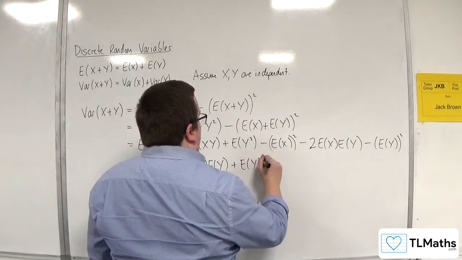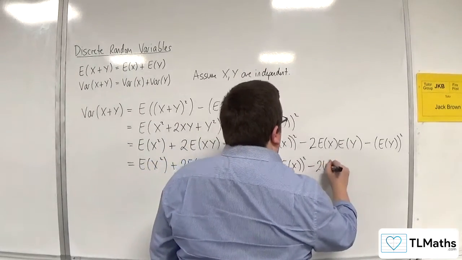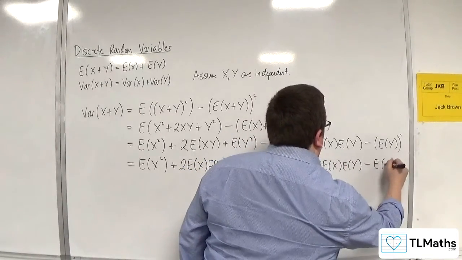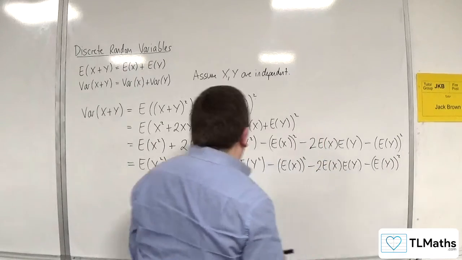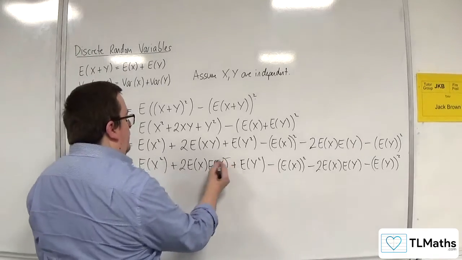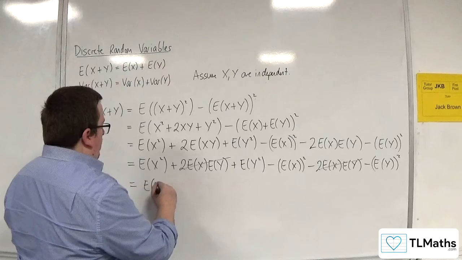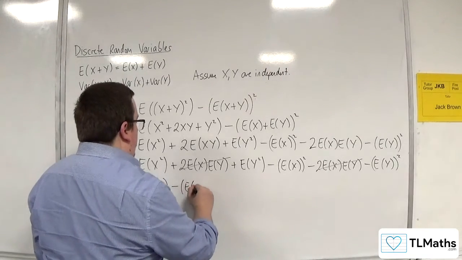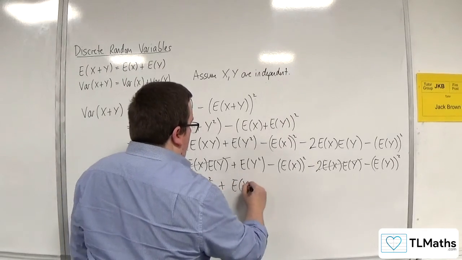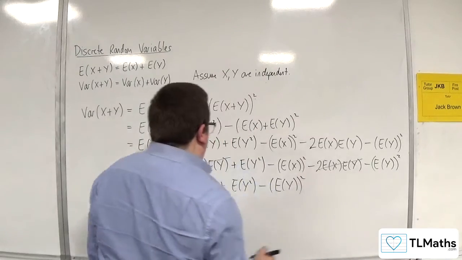Plus E of y squared, take away E of x squared, take away two lots of E of x, E of y, take away E of y squared. So this term cancels with that term, and I have E of x squared take away E of x squared, plus E of y squared take away E of y squared.